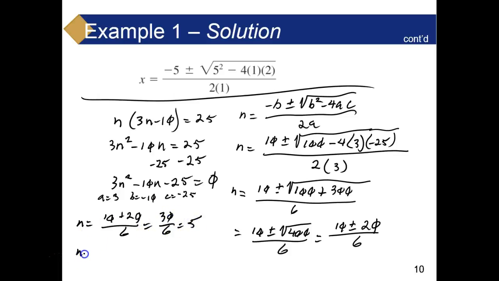Excellent. Or n is equal to 10 minus 20 over 6, which is negative 10 over 6, which is negative 5/3. Watch those signs, folks. They'll sneak out and bite you in an unwanted place. Okay. So negative 5/3 or 5.